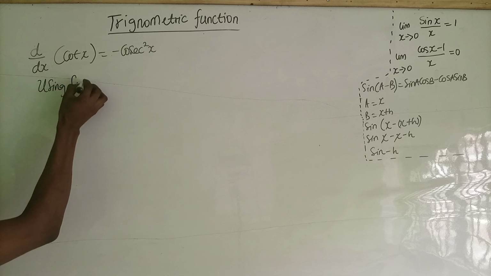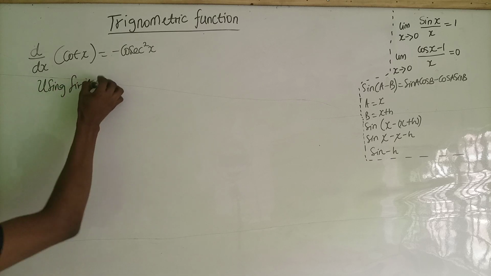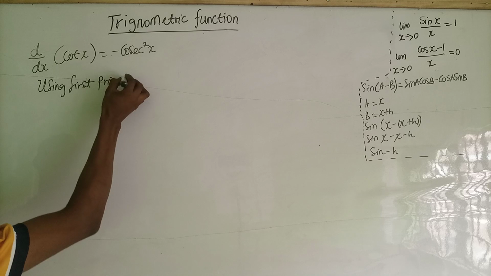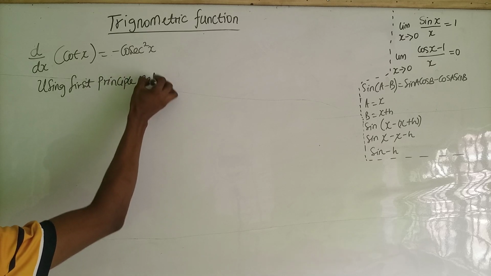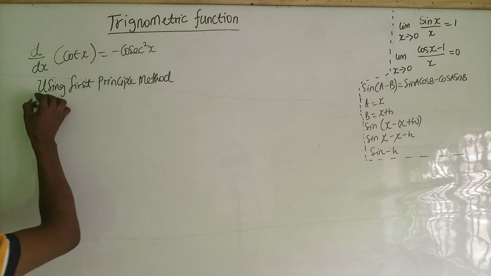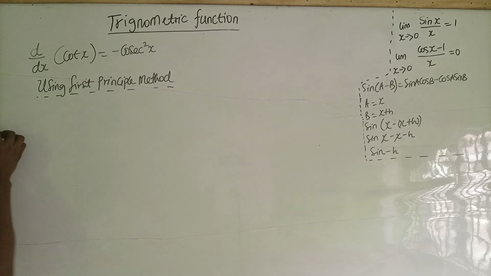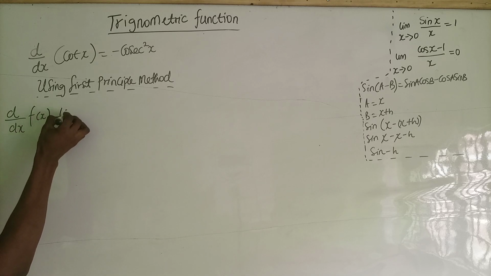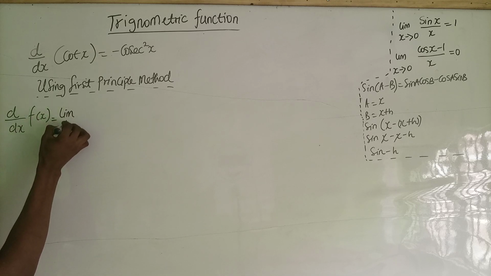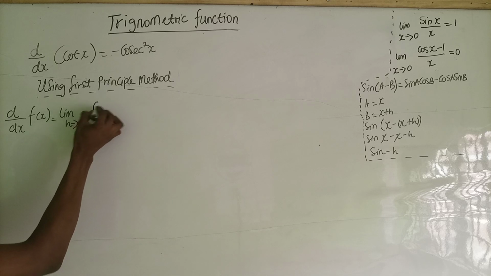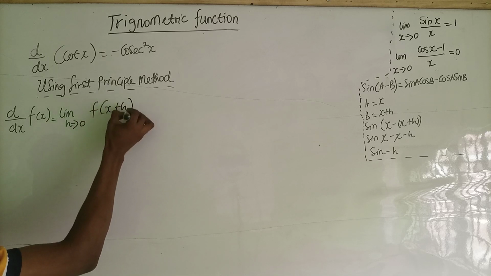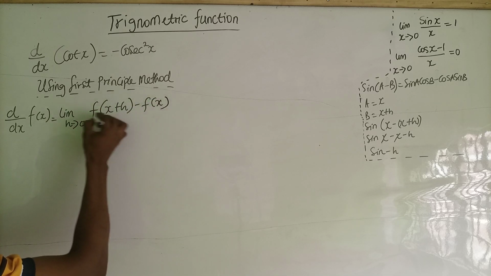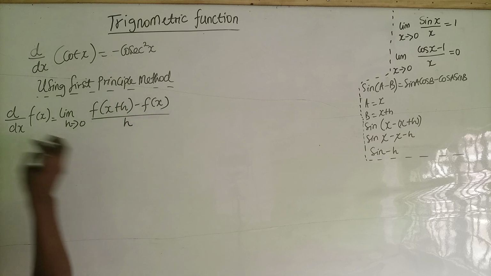Using first principle method, we are going to have that d over dx of f of x is equal to the limit as h approaches 0 of f of x plus h minus f of x all over h.